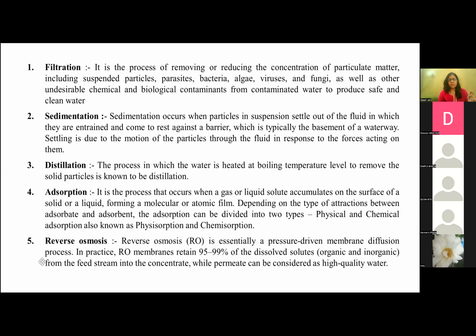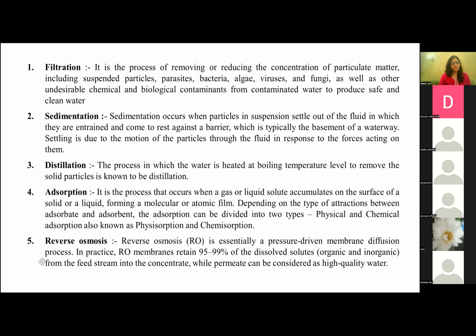Or if you want to convert the dissolved material into a sediment, then again we have to add some chemical which will react with the dissolved salts and bring them into an insoluble form. So again, for sedimentation also, if we are removing the dissolved solids by sedimentation, then we have to add some chemicals.